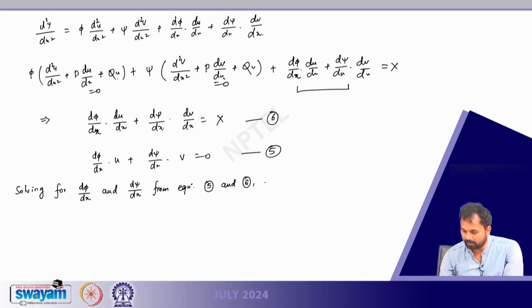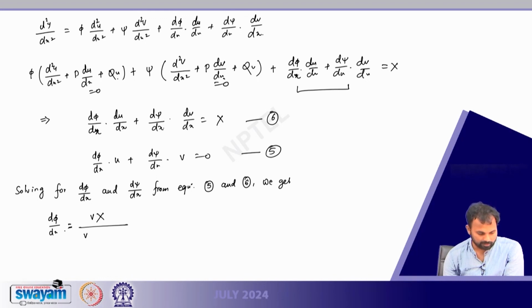This is very simple to calculate: d phi by dx equals v into capital X divided by the determinant, that is v du dx minus u dv dx.